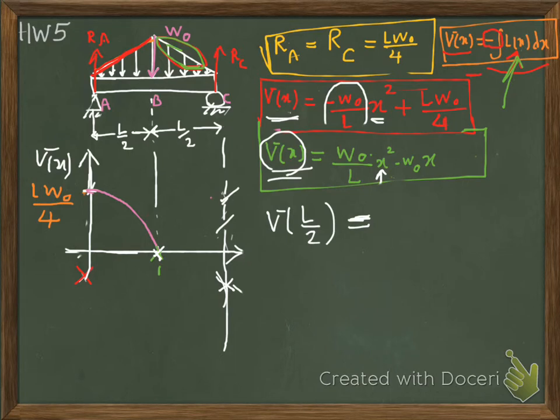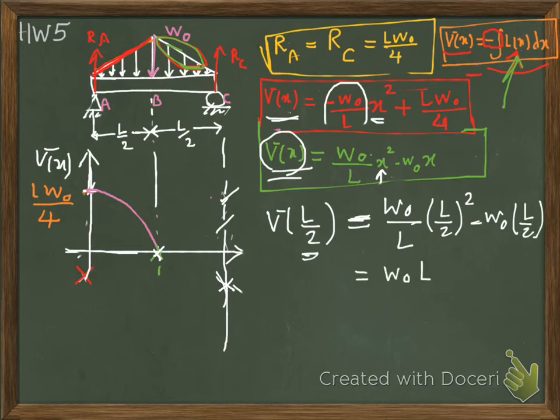So you're plugging that in, so it would be W naught L over 2 minus W naught L over 2, which is equal to W naught L squared, which then will be gone with this other L, so I just don't write it, right?